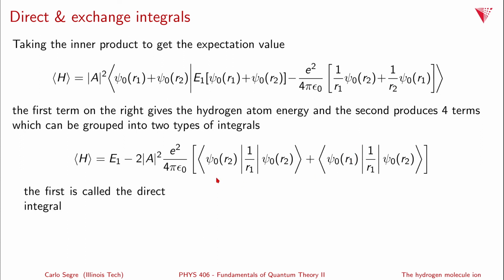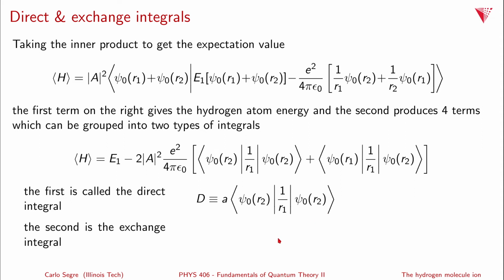The first one is called the direct integral because you have the same wave function on both sides and a potential that depends on a different variable. And that's given as A times psi 0 of R2 times 1 over R1 times psi 0 of R2, all integrated together.